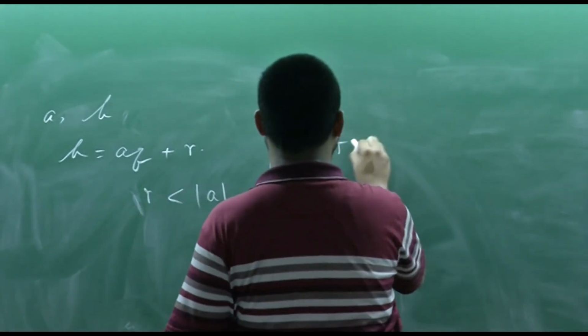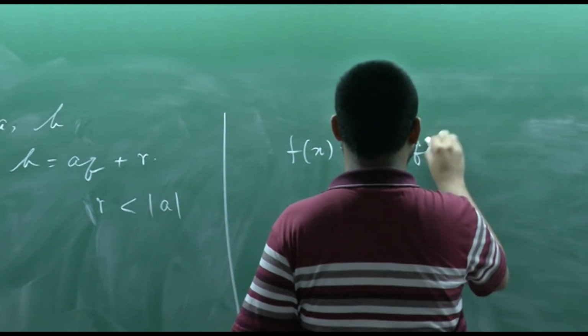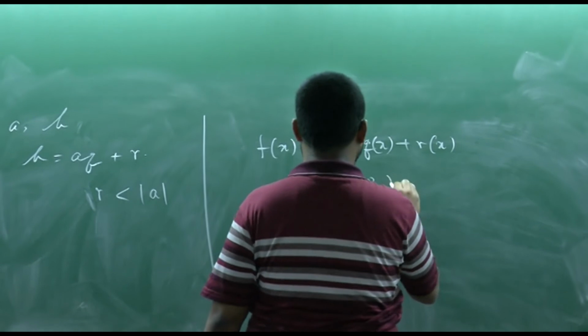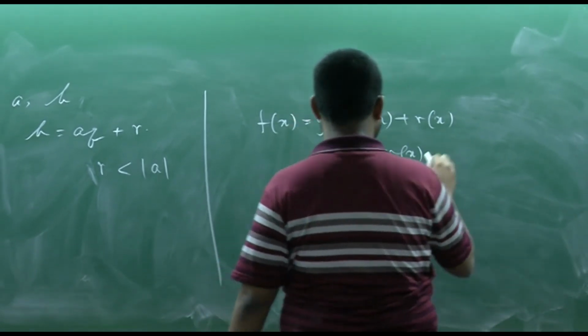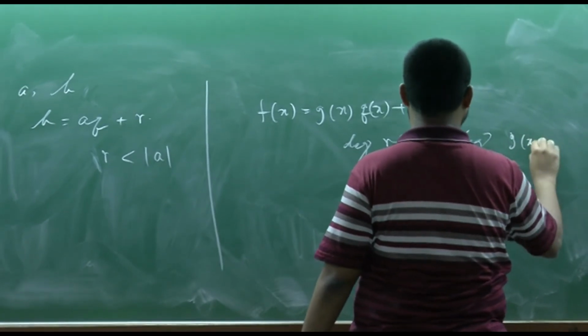There also f(x) equals g(x) times q(x) plus r(x), where the degree of r(x) is strictly less than that of g(x).